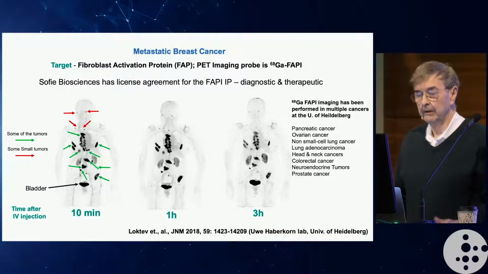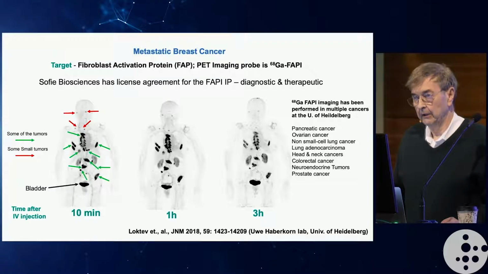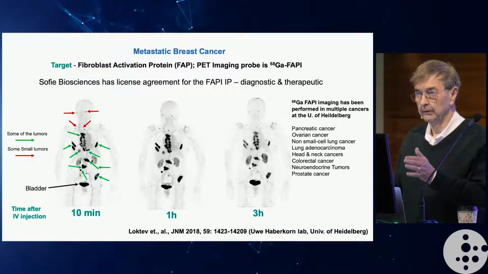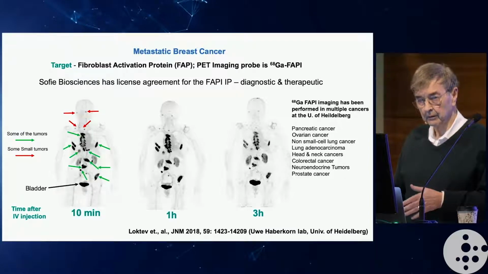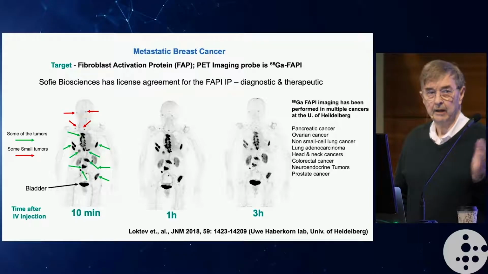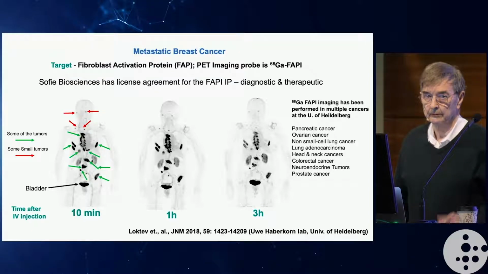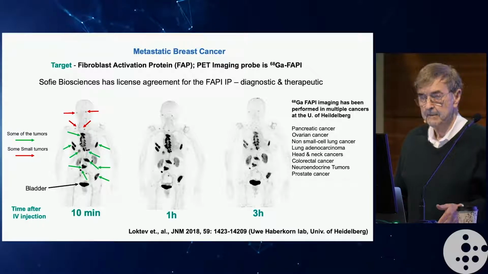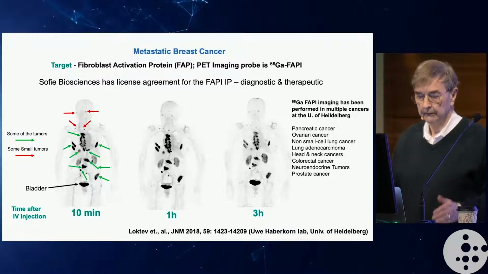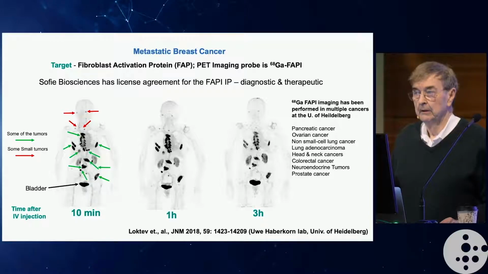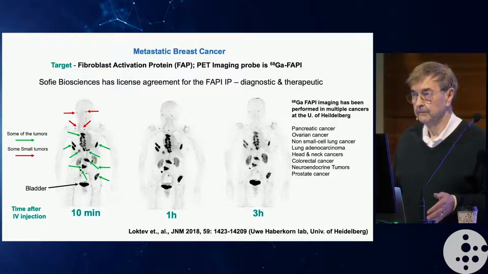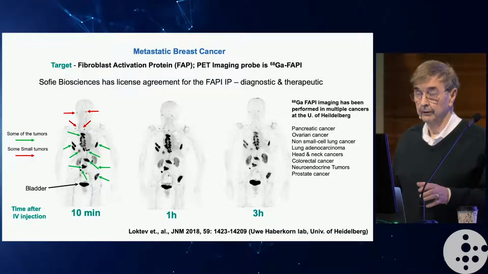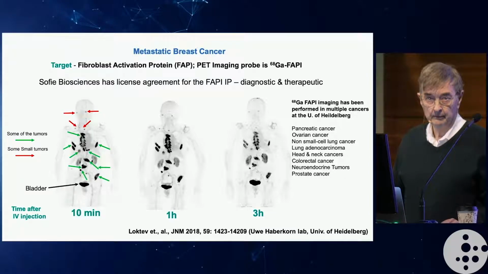Then you see in 10 minutes already there's enormous concentration of the probe in the tumors, and also that the probe is cleared out of the nonspecific tissue in terms of side effects in 10 minutes. And in kinetics, these probes are also internalized very quickly. 95% of the probe and protein are internalized in about 60 minutes.